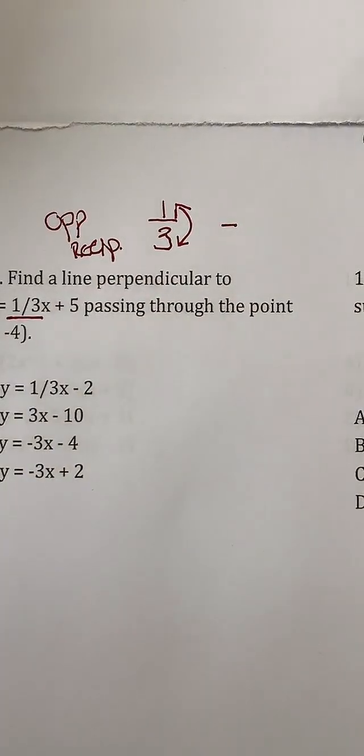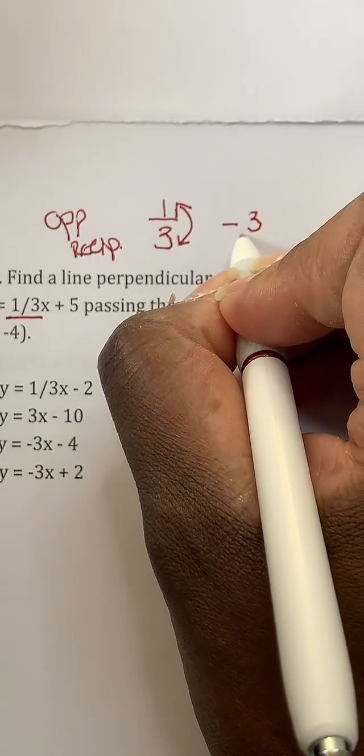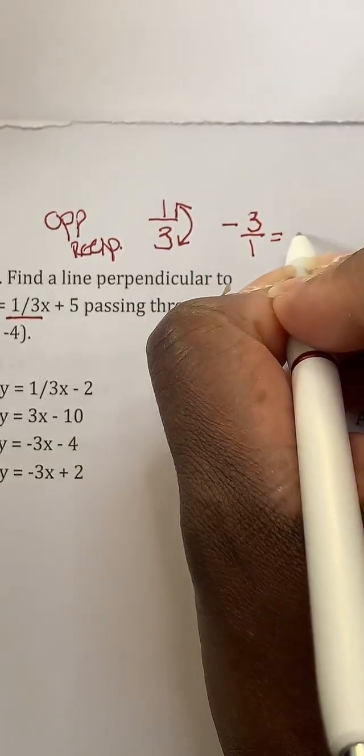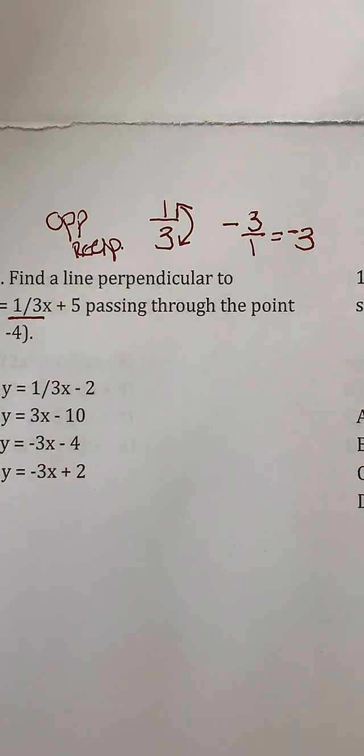Or as some people will say, you multiply by -1, but you also got to flip it. Don't forget the flip. So you have a -3 over 1, which can just be simplified as -3. Just like what Michael was saying.